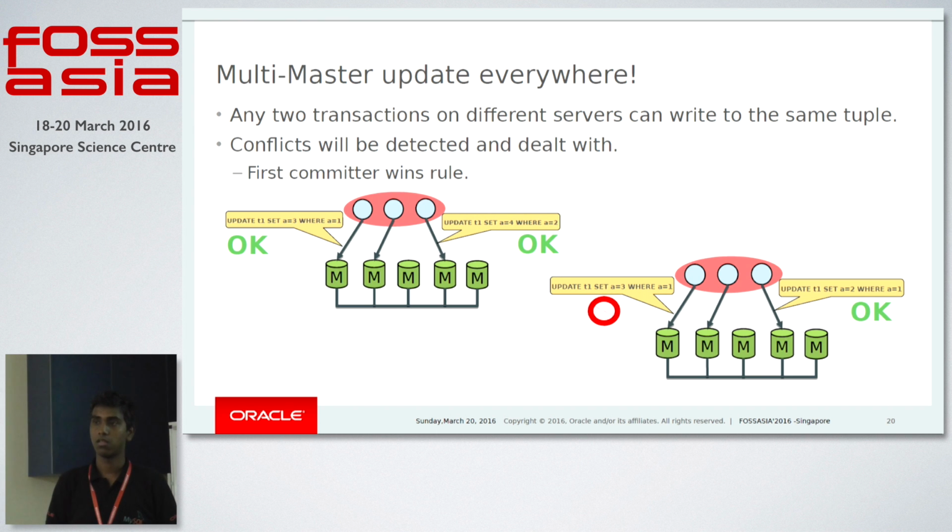Certification is based on this: we identify each row using the primary key, and when we change a row, we send additional data, which is the primary key of the changed row.